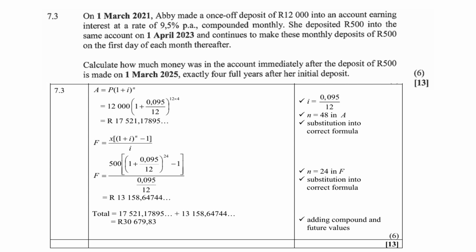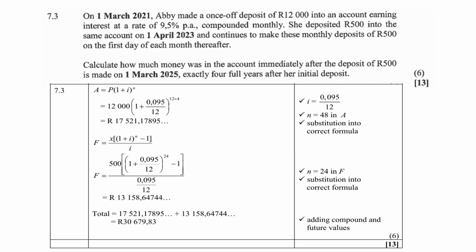Then we move over to the future value formula. So x is the 500, that monthly value. Then 1 plus, and we know where 0.095 over 12 is coming from. And now to the power of 24, minus 1, over the same i value. Then again the calculator work, and you get 13,158 Rand 64744.